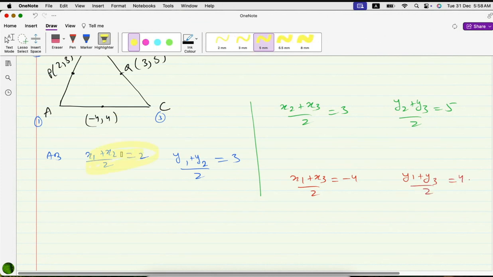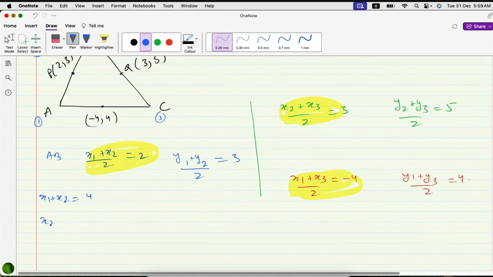Now these are equations for x. I'm picking up these equations and solving for x. This says x1 plus x2 is equal to 4. The next one says x2 plus x3 is equal to 6.